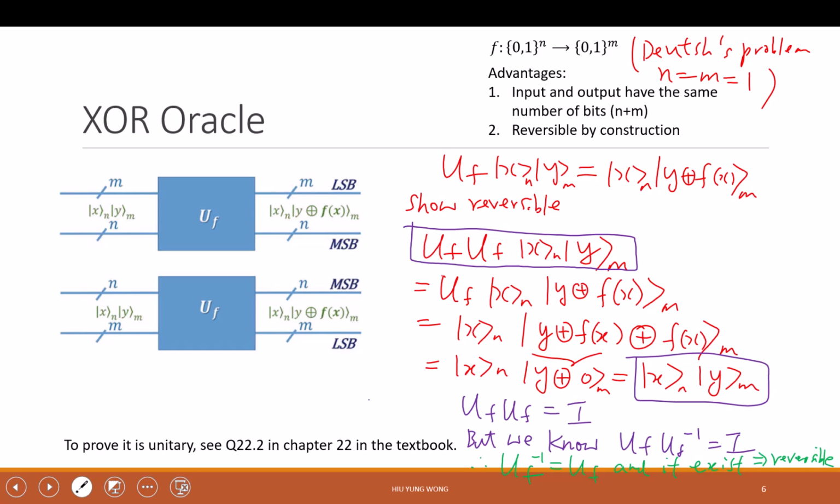We use f of x to create the gates, but when we create it, it only mandates that the output is y exclusive or f of x. It does not mandate the output to be f of x. So how do you extract f of x in this case? You never can. You only extract y exclusive or f of x, and that's what I mean by losing some information about f of x.